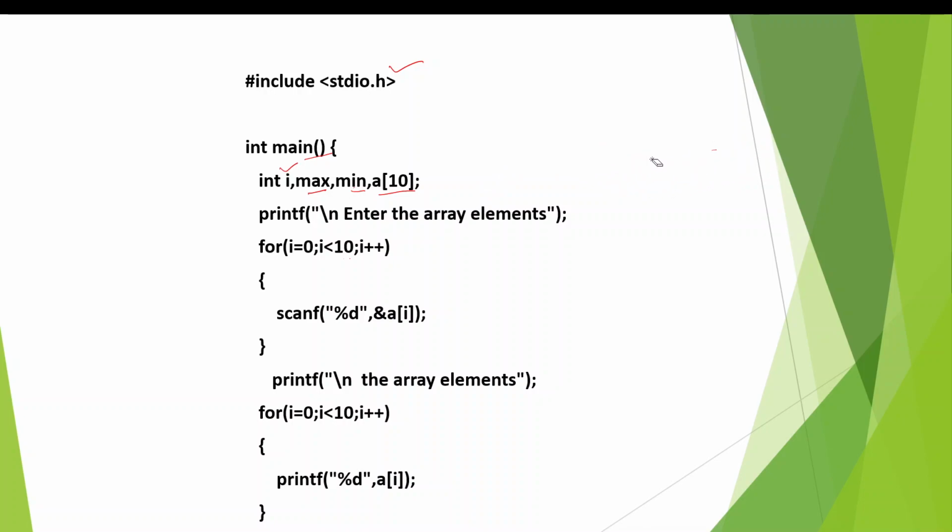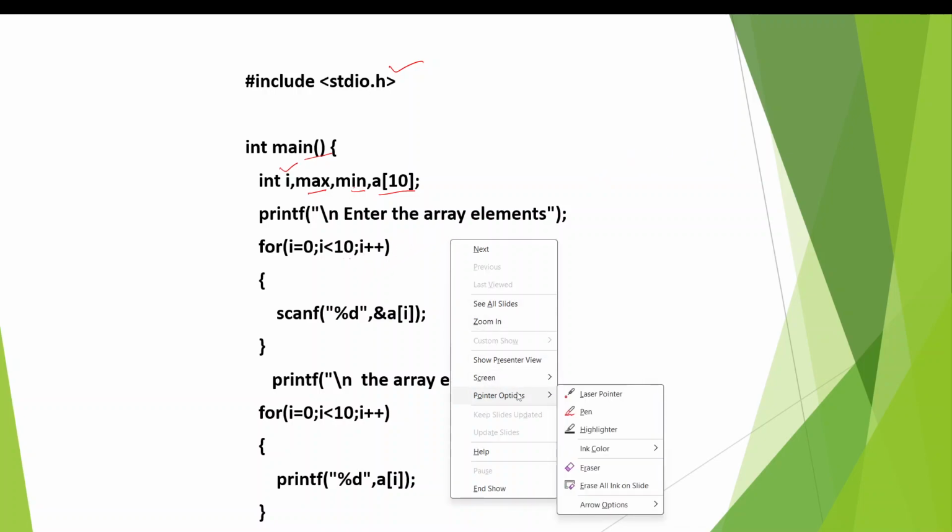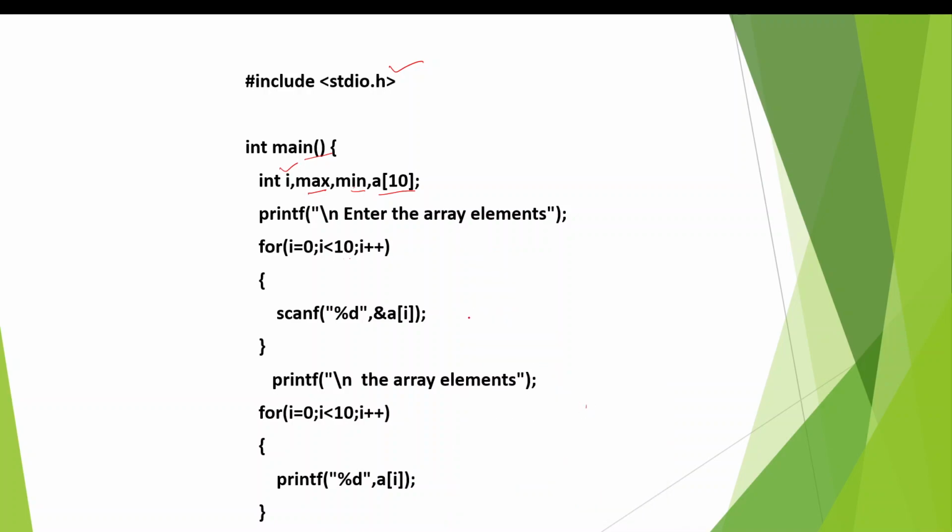So we have a printf statement, enter the elements of the array, then a for loop to provide input from 0 to less than 10, which means 0 to 9, to provide the input to the array.